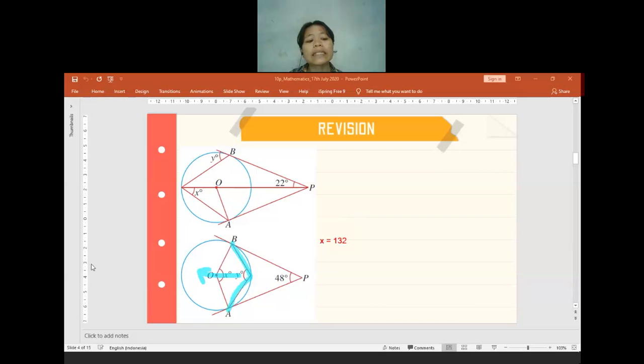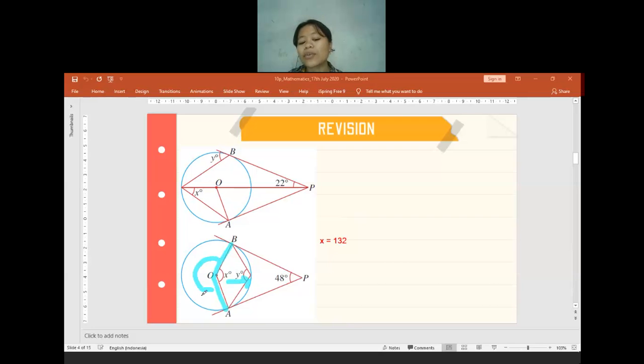Do you already know if the angle x is facing the minor AB or major AB? Minor AB, right? The angle x in here is facing the minor AB, but the y is facing the major AB. So it means I need to find the angle at center that is facing the major AB.